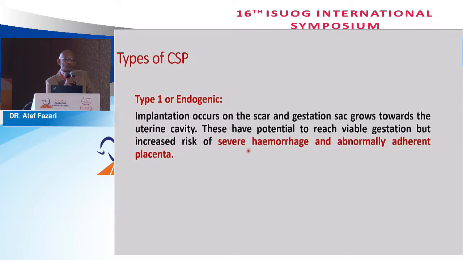I had a serious number of cases, not yet published, maybe in the coming 2 months: around 8 cases of scar pregnancy. 4 of them refused termination of pregnancy, 4 agreed to termination.